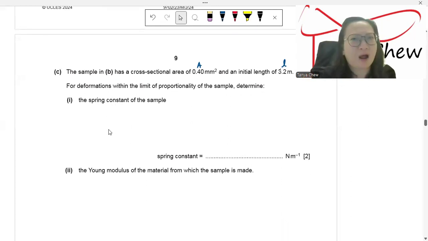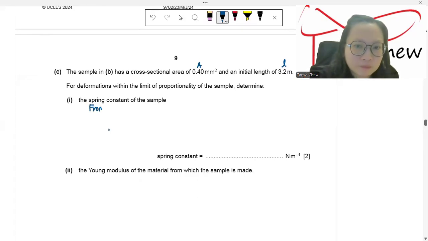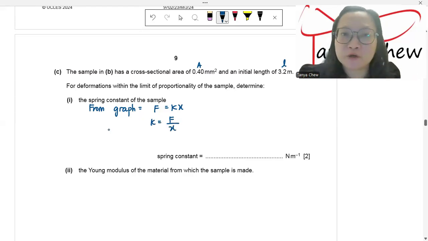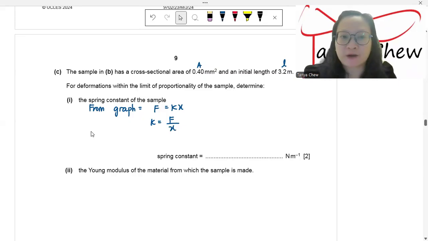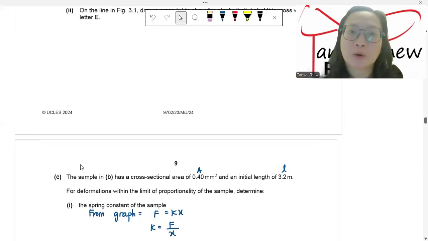Now, spring constant, I would like to use the graph, right? So from graph, F equals Kx, remember? F equals Kx. So K is equal to F over x. Doesn't matter if you don't find the gradient of the graph, you just find the ratio of F to x. You know why? Because the graph starts from origin.